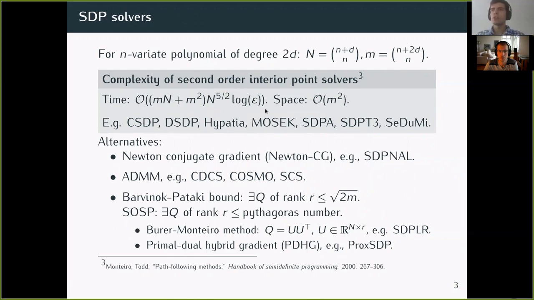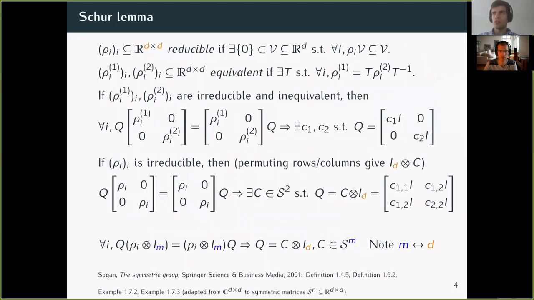In this talk, once you have a large SDP, we will try to decompose it into smaller subblocks, so that whatever method you actually use, it will be more efficient because you have fewer unknowns. The core of the idea is to use the Schur lemma. First I need to give two definitions.